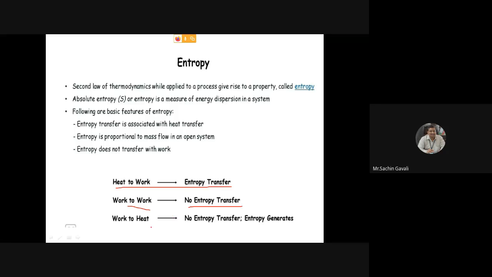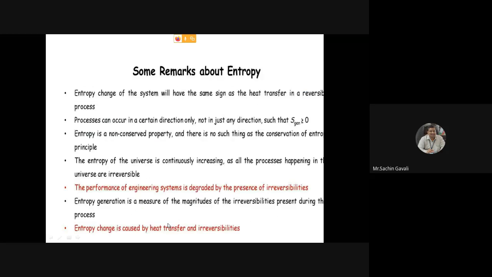But when work to heat, pure form to low grade form, again there is no entropy transfer, but from low grade to higher grade, then entropy transfer will take place.